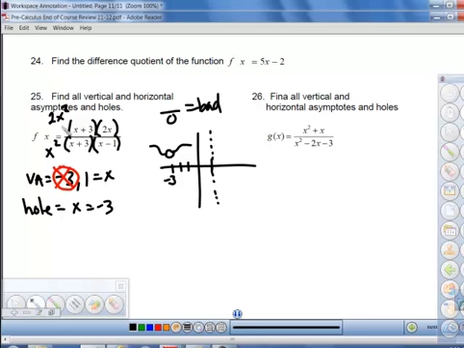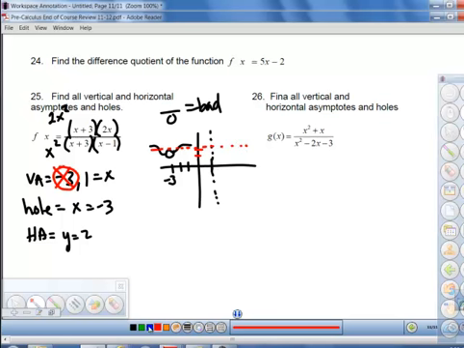Since they're the same, if the degree on the bottom is the same as the degree on the top, that means the horizontal asymptote is going to be the fraction of the coefficients. So it's 2 over 1, so it's just going to be when y equals 2. So when y equals 2, there's going to be this sideways asymptote that goes out like that.